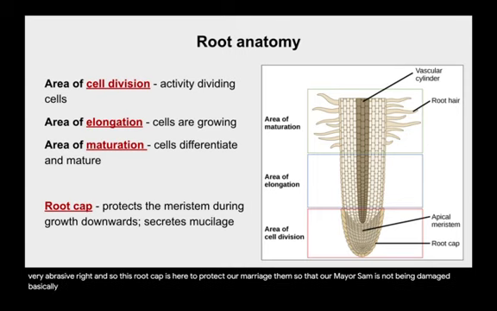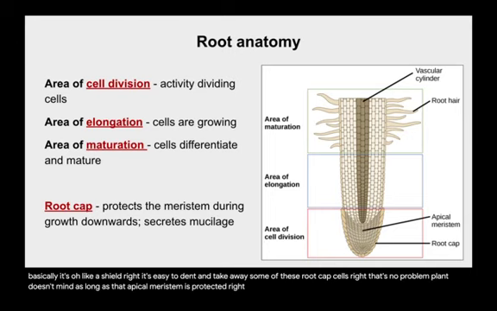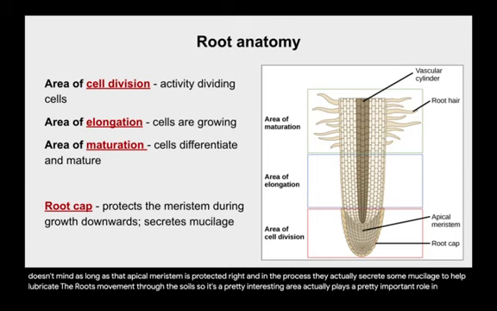Basically, it's like a shield, right? It's easy to dent and take away some of these root cap cells, right? That's no problem. Plant doesn't mind, as long as that apical meristem is protected, right? And in the process, they actually secrete some mucilage to help lubricate the roots' movement through the soils, right? So it's a pretty interesting area. It actually plays a pretty important role in sensing gravity.